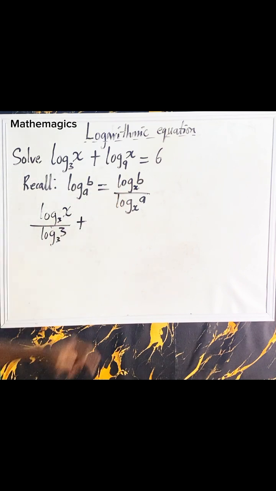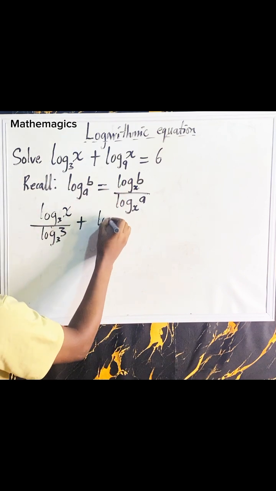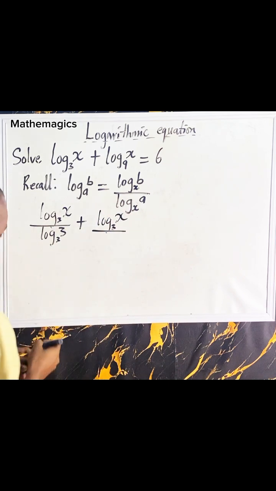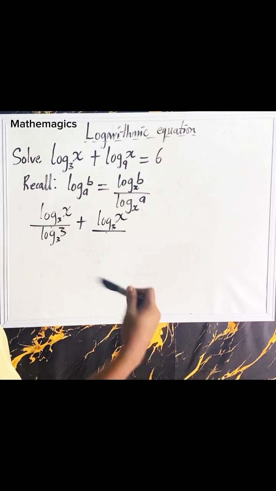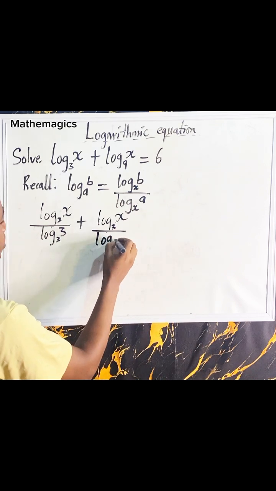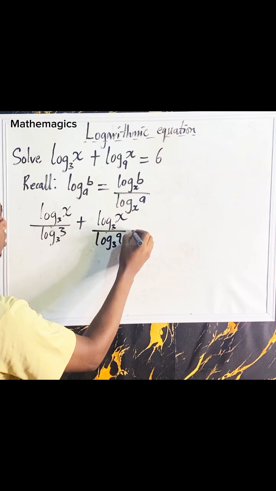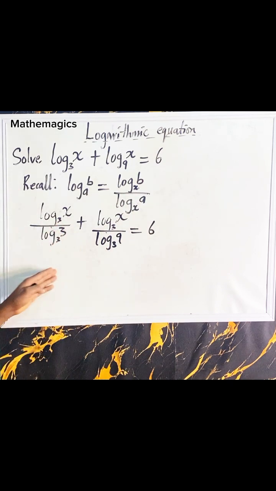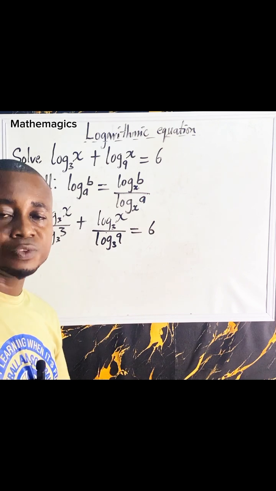Then the same procedure: this becomes log to base 3 of x over log to base 3 of 9, then equal to 6. So that is what change of base gives us.